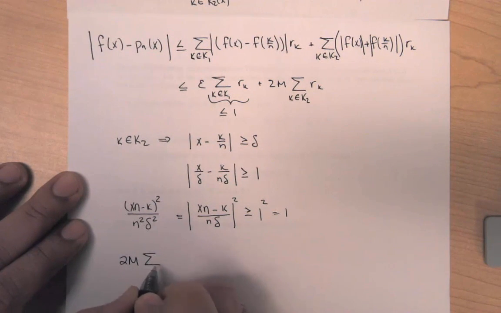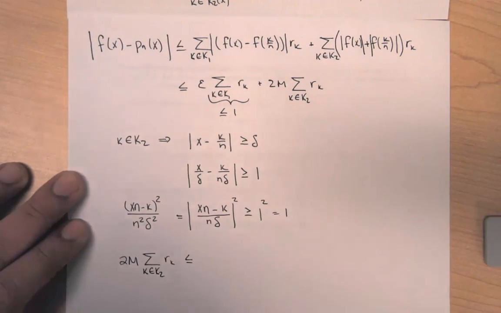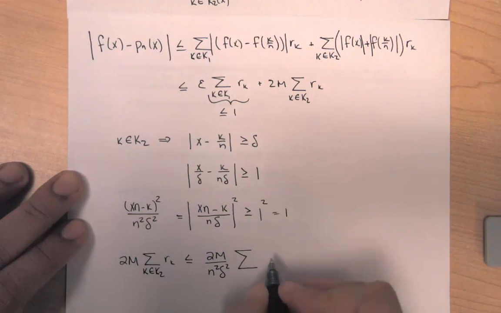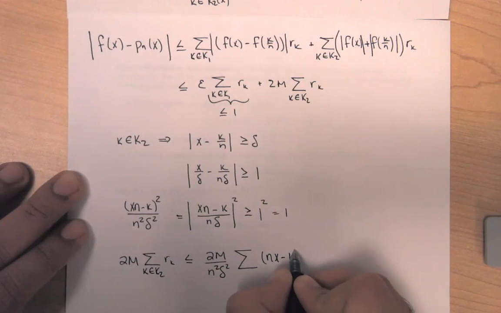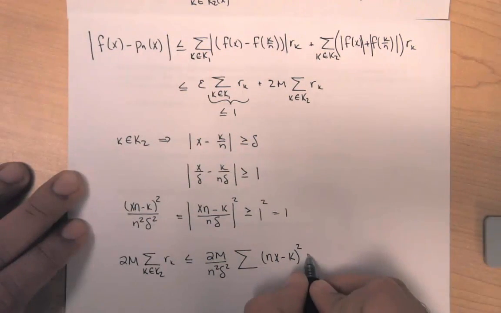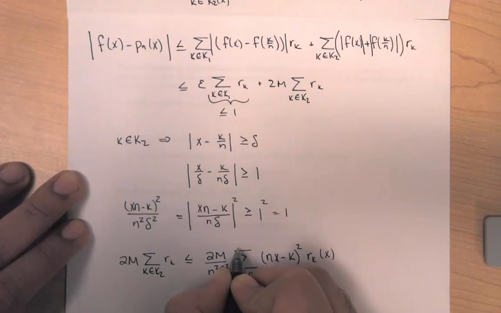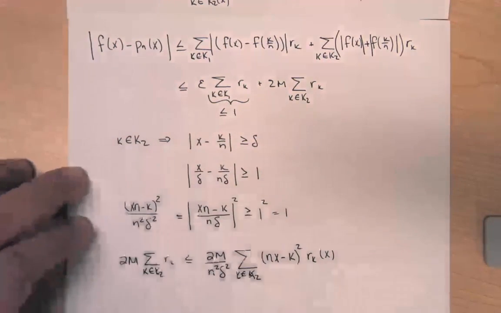2M times the sum over k in K2 of r_k is less than or equal to 2M divided by n squared delta squared times the sum of (x minus k/n) squared times r_k(x), for k in K2.